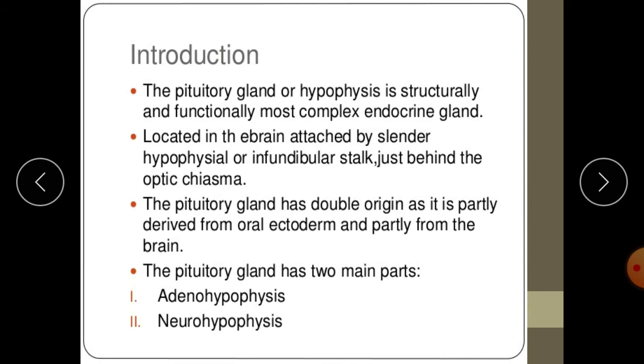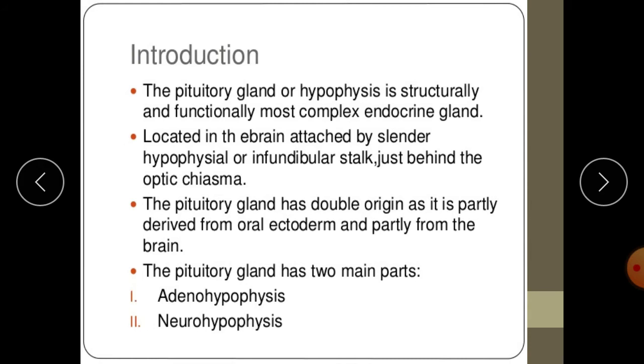The lower part of the brain contributes to the formation of the pituitary gland, and so does the upper part of the buccal cavity. The buccal cavity is lined by ectoderm. So the epithelium of the upper part of the buccal cavity also contributes to the formation of the pituitary gland.